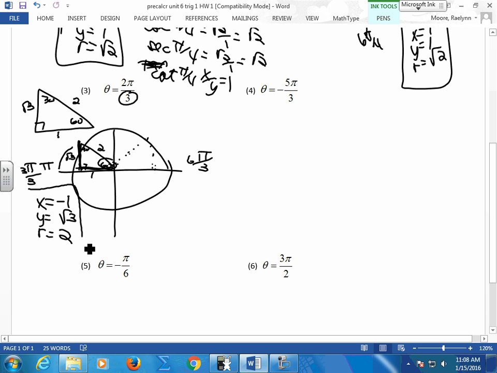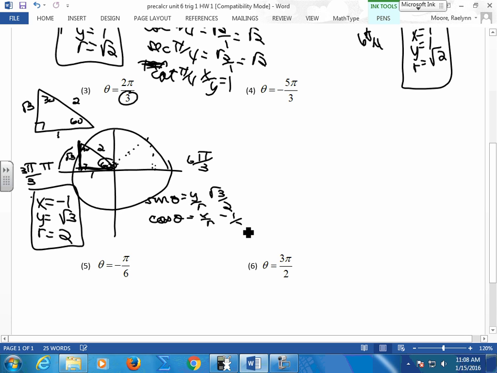So now all I need to do is use this and find my pieces. Sine of my angle is y over r. Come right to your information box. Radical 3 over 2. Cosine is x over r. X is negative 1.